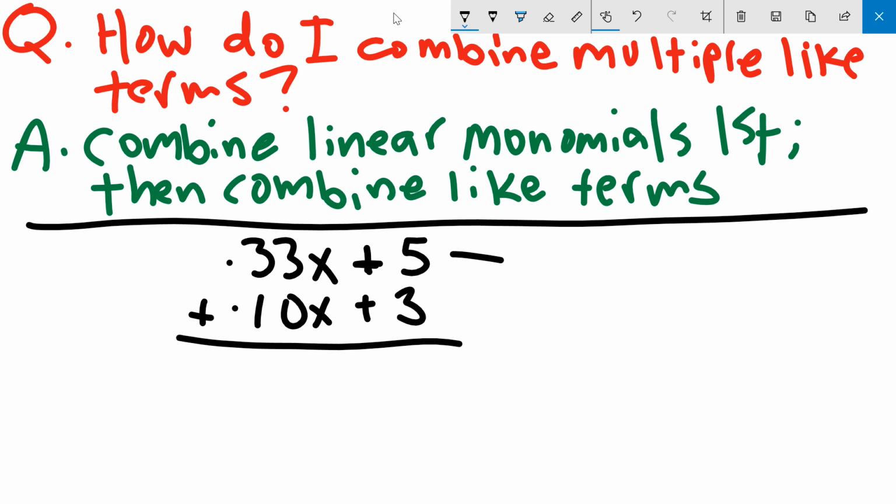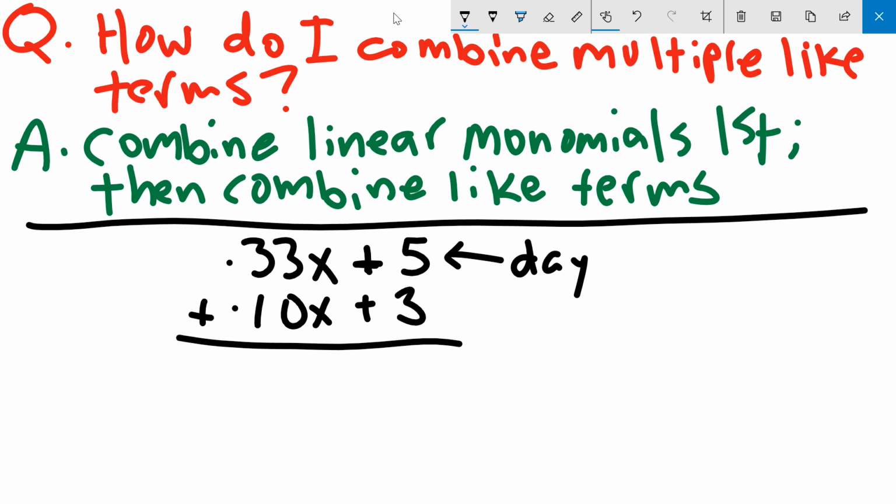Now I want you to look at this fixed expense right here, this 5. Depending on what that fixed expense is going to determine how we make a prediction. For example, if this 5 is per day, is that $5 I pay per day in rent?